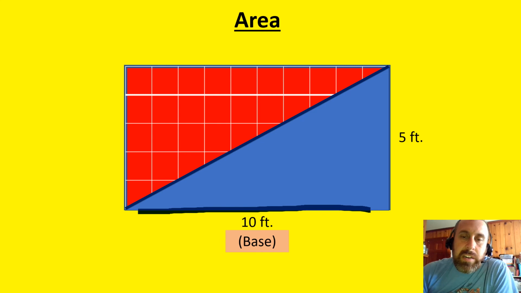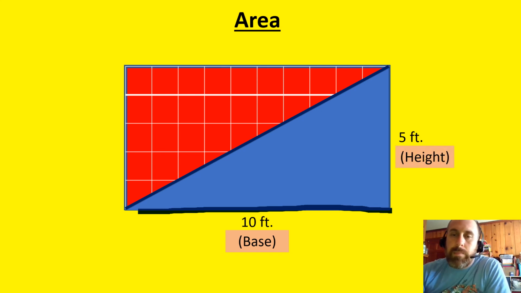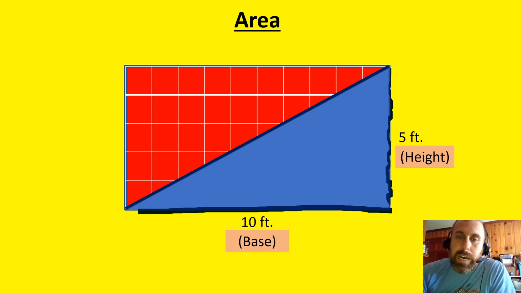Whatever it's sitting on, I like to say it sits on its base. And then the 5 is no longer just going to be the width, it's going to be called the height of the triangle. And that makes sense because we're trying to figure out how far from top to bottom are we going, from its lowest point to its highest point? And that's telling us how tall that is. So the area of a triangle is dealing with the base and the height.